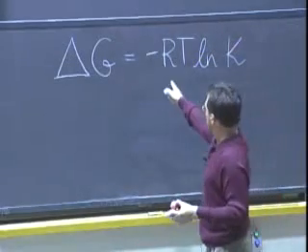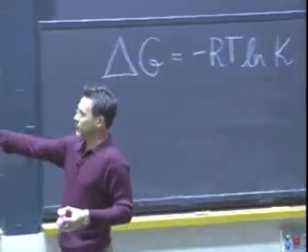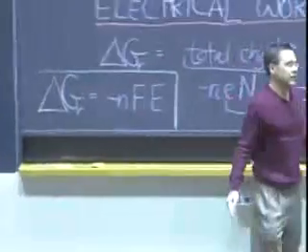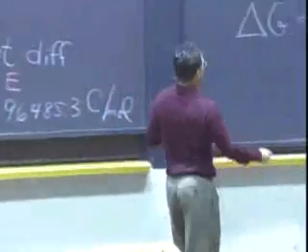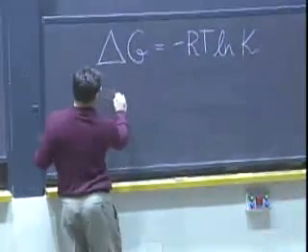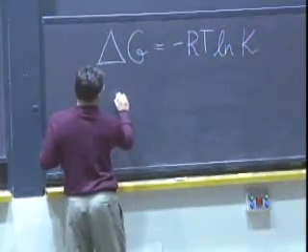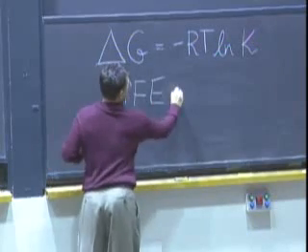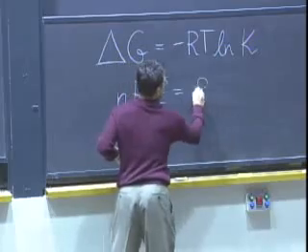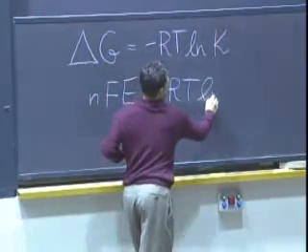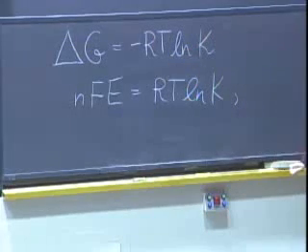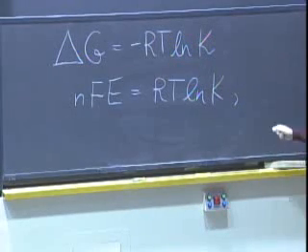And now we have a new expression down here for delta G. Okay? And let's go ahead and insert that, and we'll see that NFE is going to be equal to RT ln K. And so we can just rearrange that and solve for our quantity of interest here.